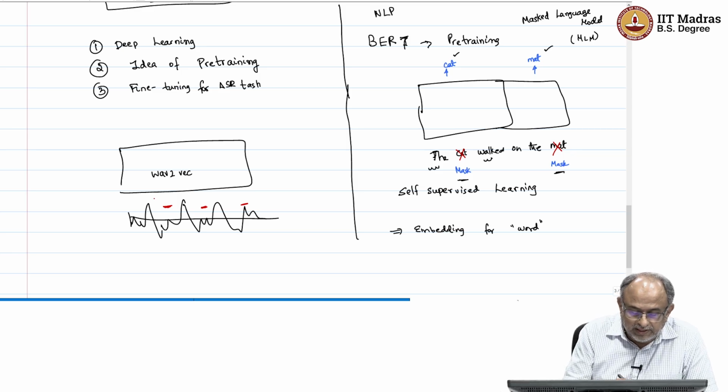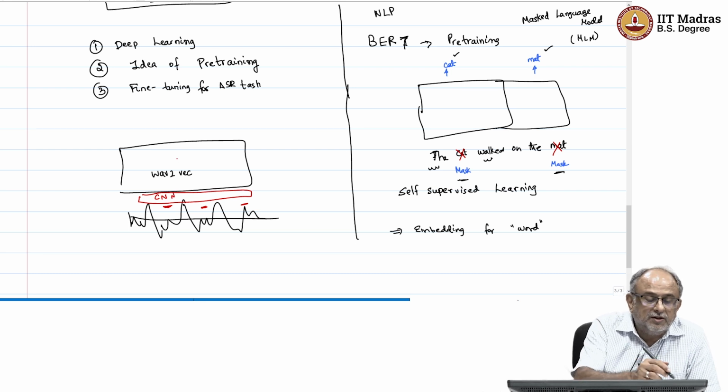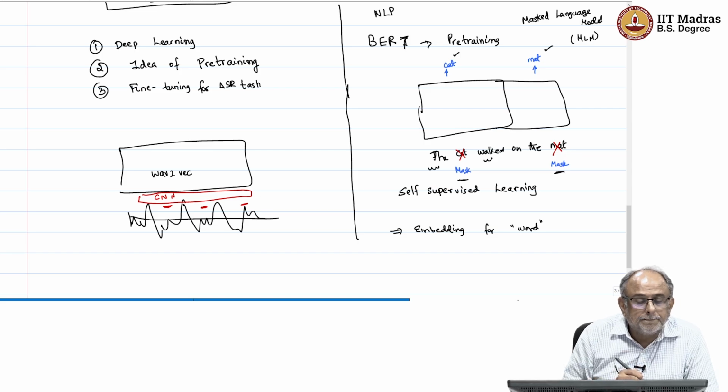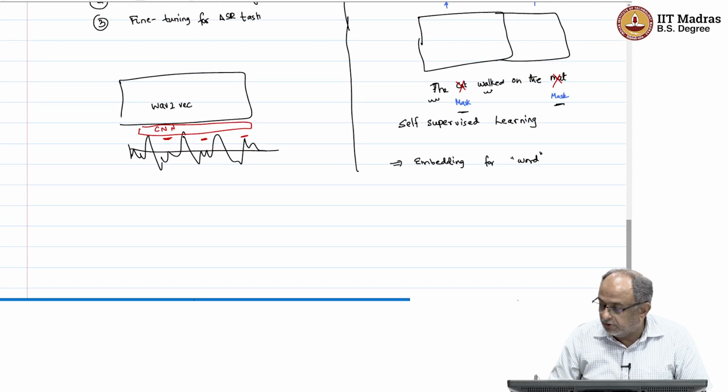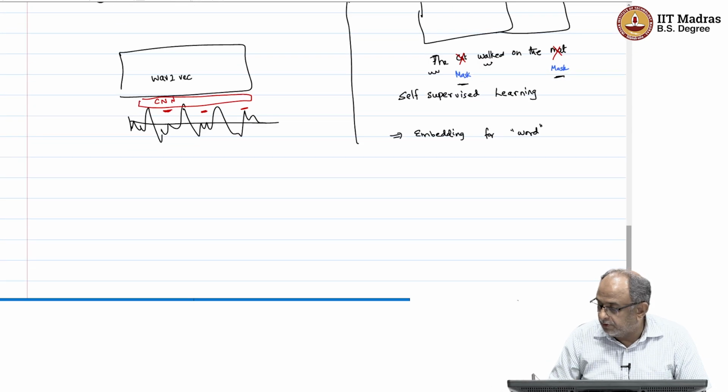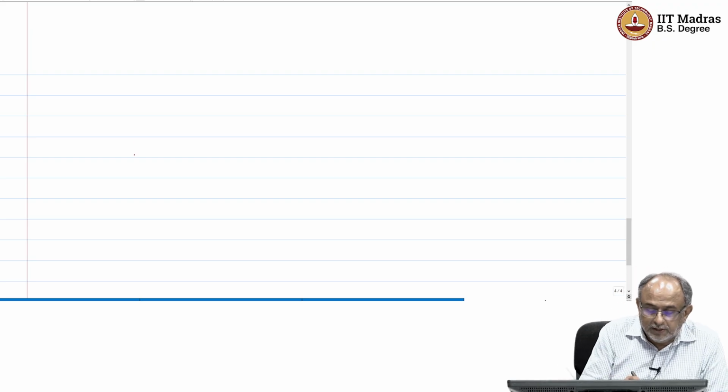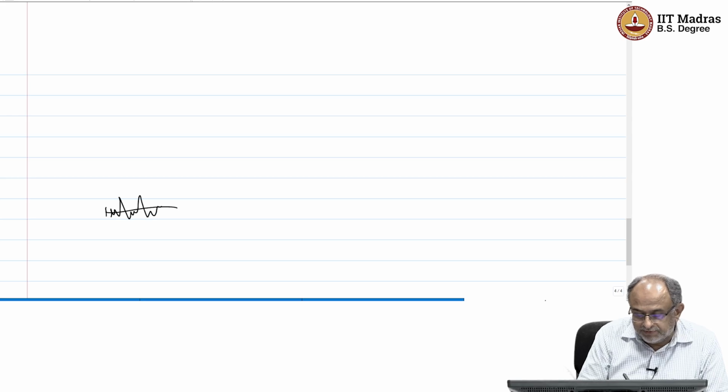So, we will have layers of convolutional neural networks, and then maybe I will erase this a little bit. Let me redraw it. What we do with the speech signal is we also apply the idea of masking.